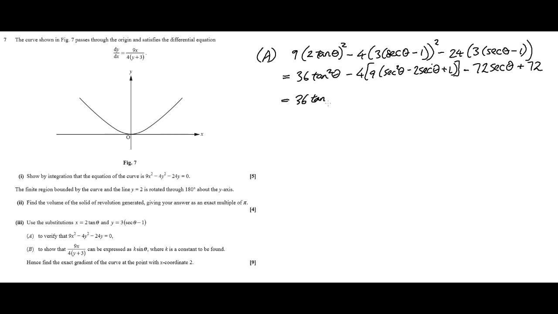And that goes to 36 sec² theta plus 72 sec theta, take 36, take 72 sec theta plus 72, and you start to see a pattern here that is quite nice. 72 sec theta will cancel with the minus 72 sec theta, and you're left with a tan² minus sec² relation, which conveniently gives me, for every tan² take sec², you'll get minus 1.